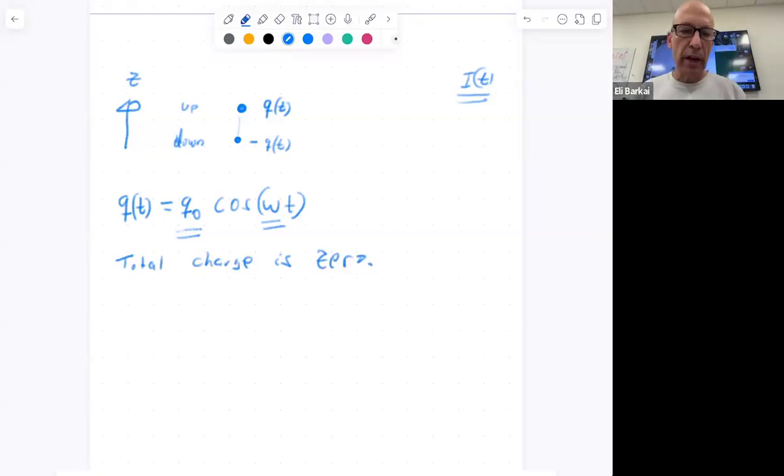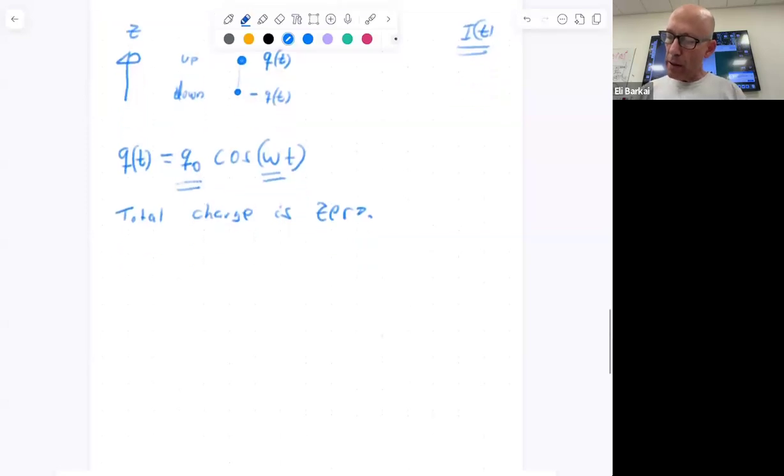There are no net charges, and hence what I said before, that eventually the fields E and B are going to decay like 1 over r, is very surprising. I mean, it's going to be slower than Coulomb.